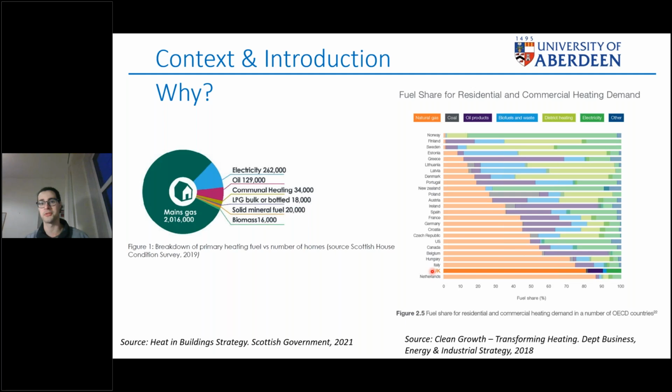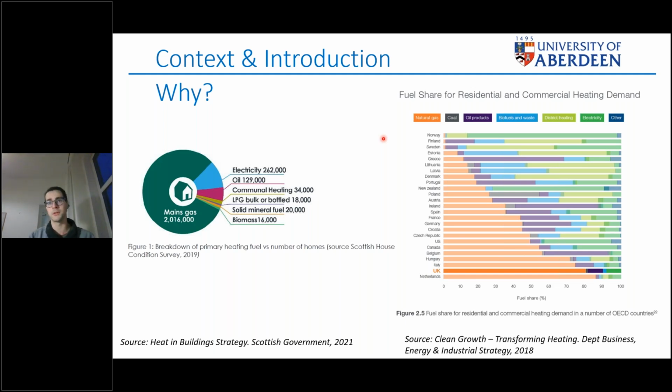You can see the UK and the Netherlands here invested heavily in gas infrastructure, whereas that's quite a different story up in Norway. You see that a large portion of their heating is coming from district heating over here, and also electricity. And electricity will include heat pumps.